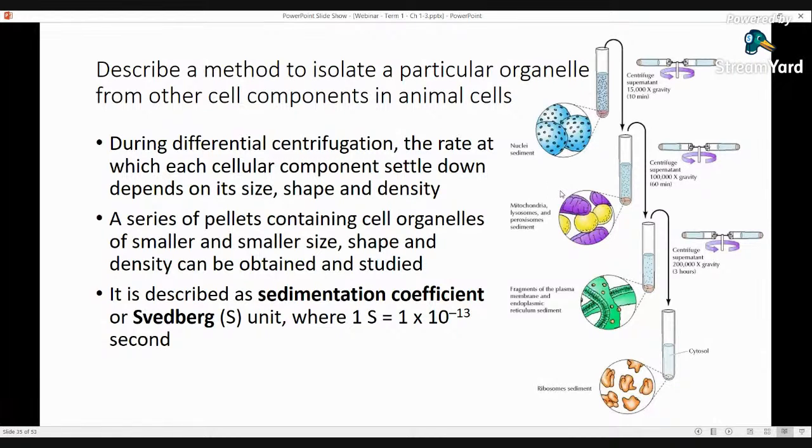Then the sedimentation coefficient uses the Svedberg unit, the S unit. Remember the ribosomes: we have 70S ribosome and 80S ribosome. So we measure the ribosome by using the Svedberg unit.